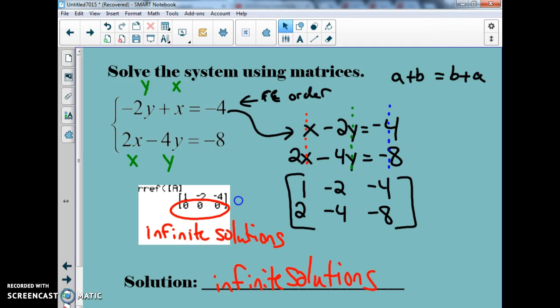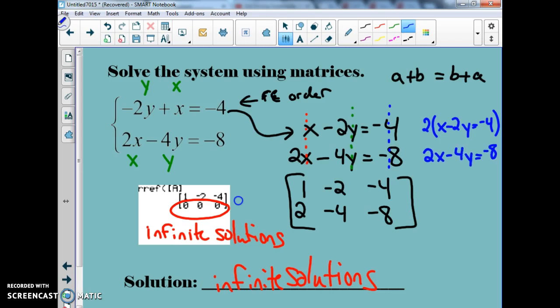As I look at this with infinite solutions, take my first equation here, x minus 2y is equal to negative 4. I'm going to multiply every term by 2. Well, what would I get? I would get 2x minus 4y is equal to negative 8.